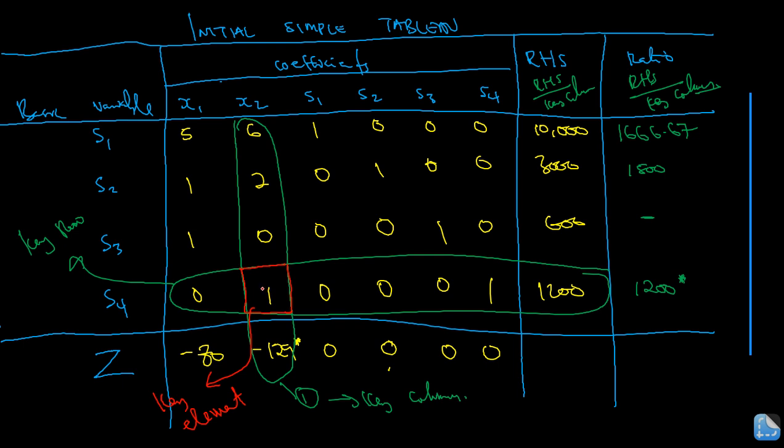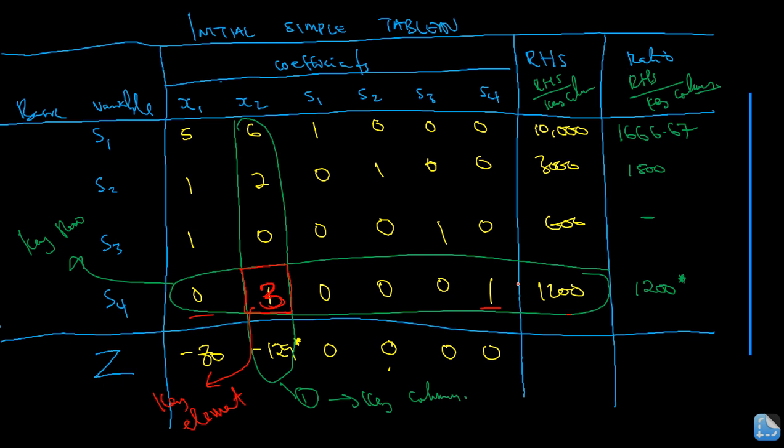Let's say we had a 3 here instead of a 1. Before you draw the second iteration of the table, you must ensure that you divide everything here, all the way to the last value, by 3.